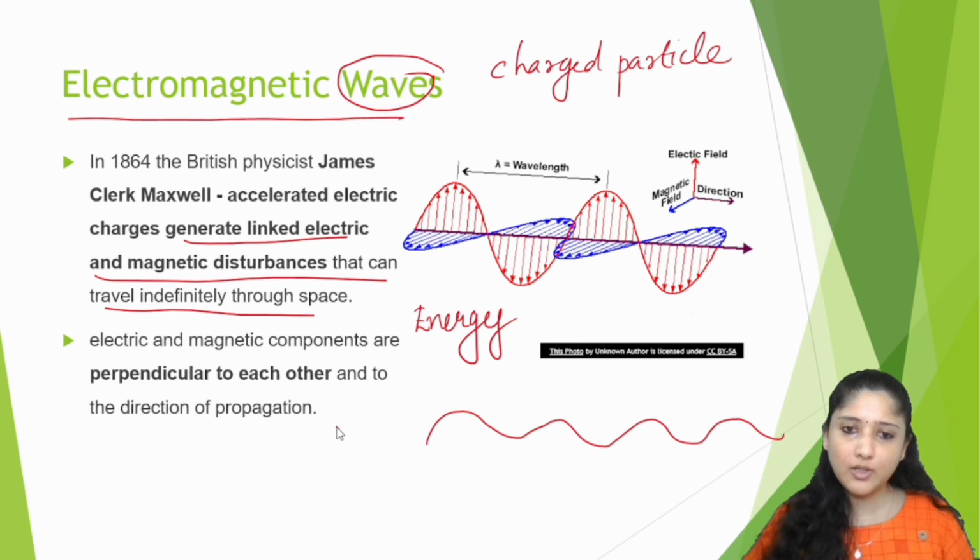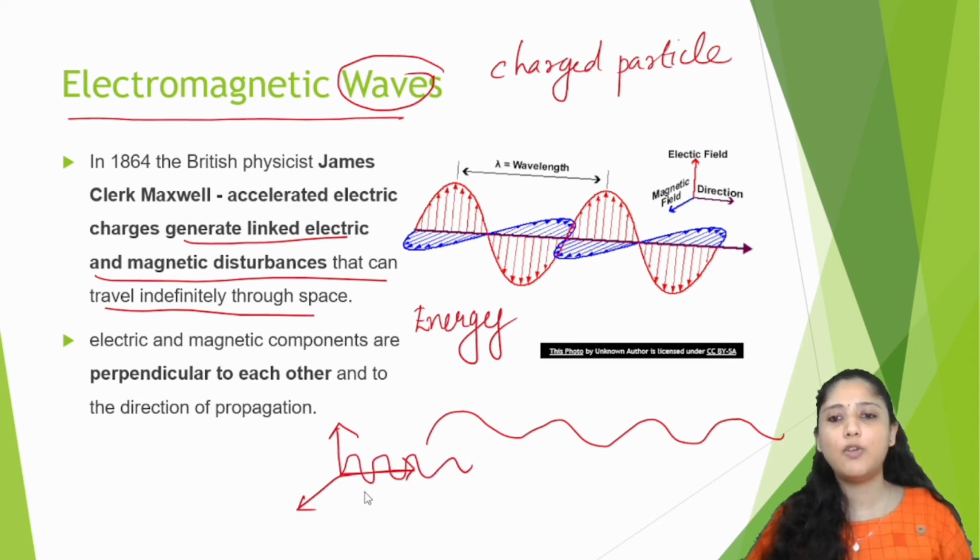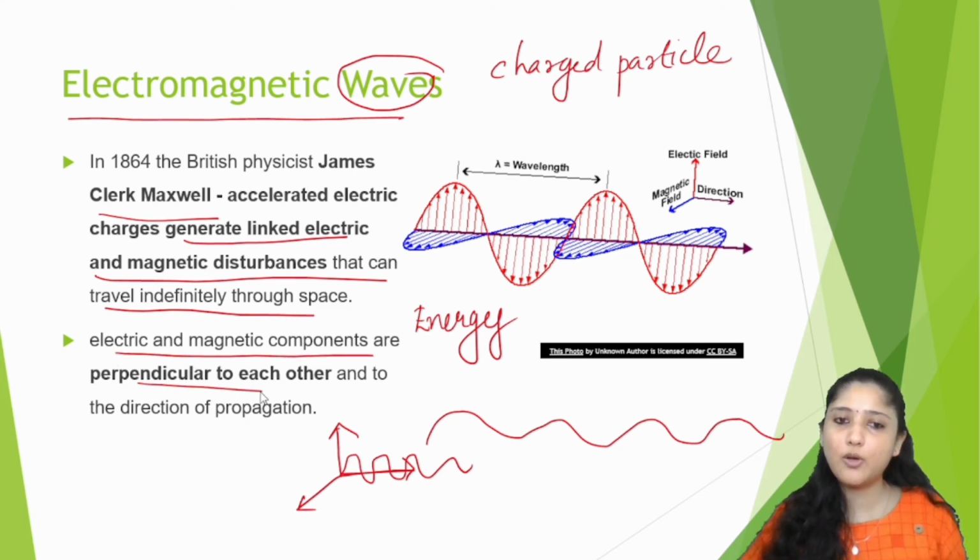If this is the electric field component and this is the magnetic field component, they are perpendicular to each other and also perpendicular to the direction of the wave. This is what the scientist James Clerk Maxwell told: the electric and magnetic components are perpendicular to each other and to the direction of propagation.